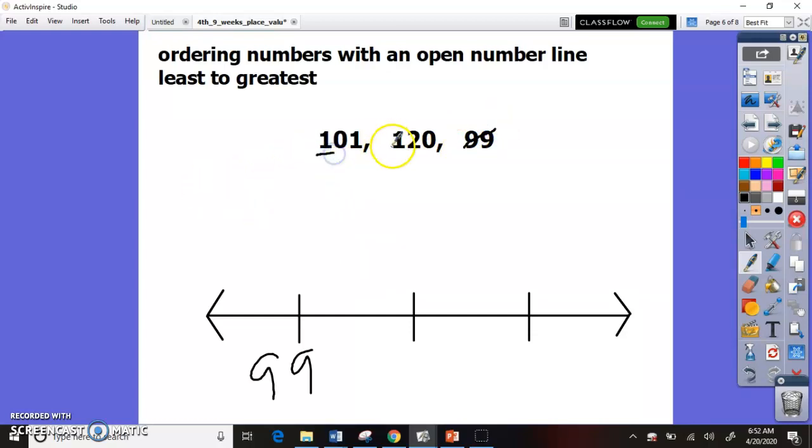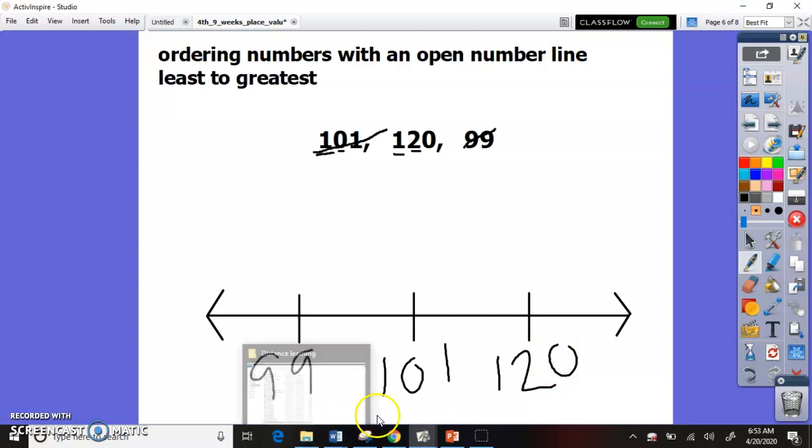They both have a 1 in the hundreds place. 101 has a 0 in the tens place. 120 has a 2. So that tells me that 101 is less than 120, so it must come next. I'll mark out that number, and then I'm left with 120. So I just ordered my numbers from least to greatest.